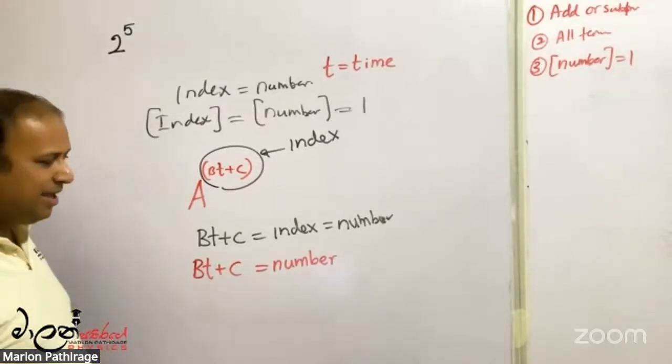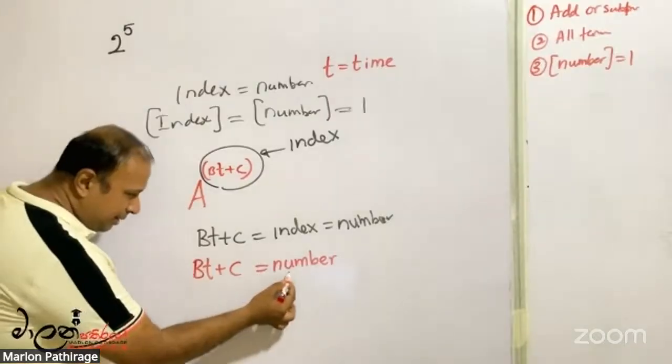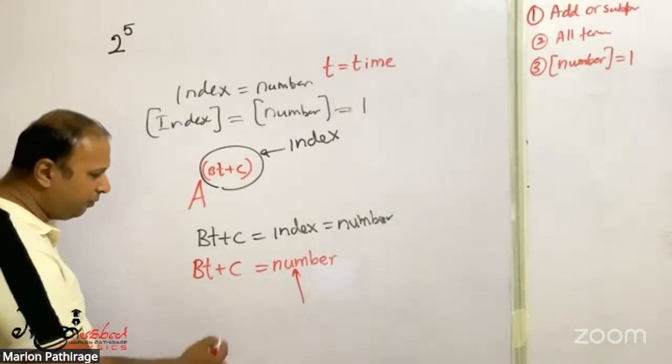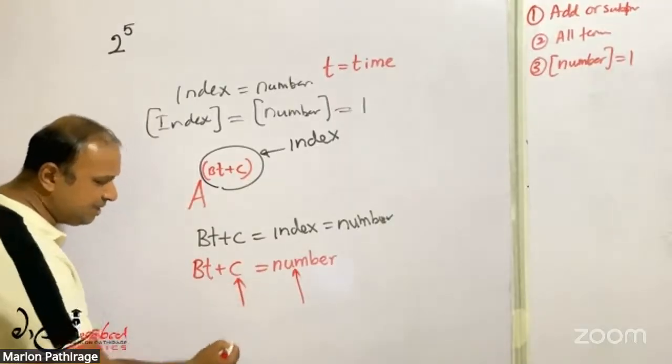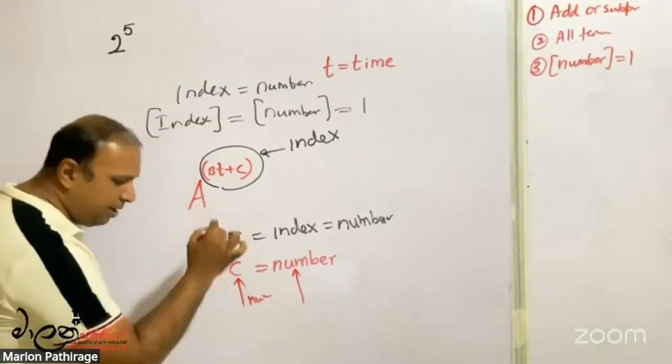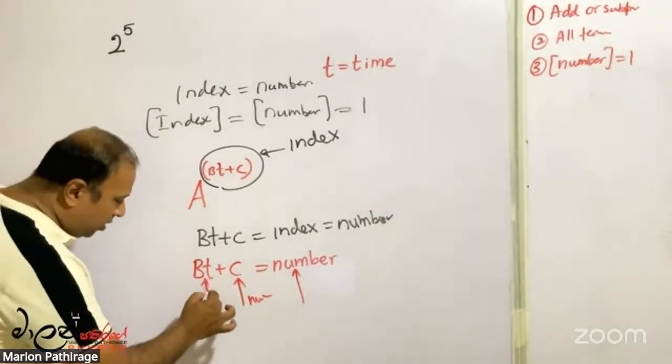That means now you know this one is a number, this is confirmed. Therefore, this c, the second term, should be a number too.